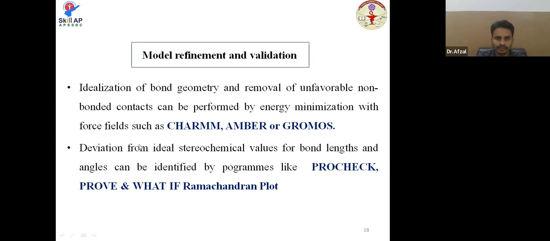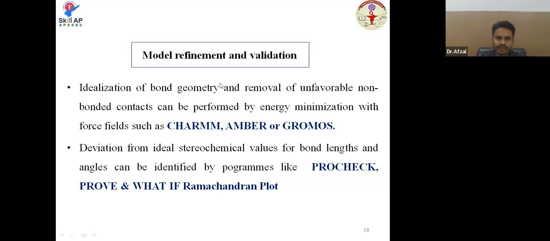And there might be certain deviations from the ideal stereochemistry values in terms of bond lengths as well as angles. That can also be identified by using tools like ProCheck, Prove, and WhatIf Ramachandran plots. These are utilized to identify if there are any deviations from the ideal stereochemical values for bond lengths as well as the angles, right?